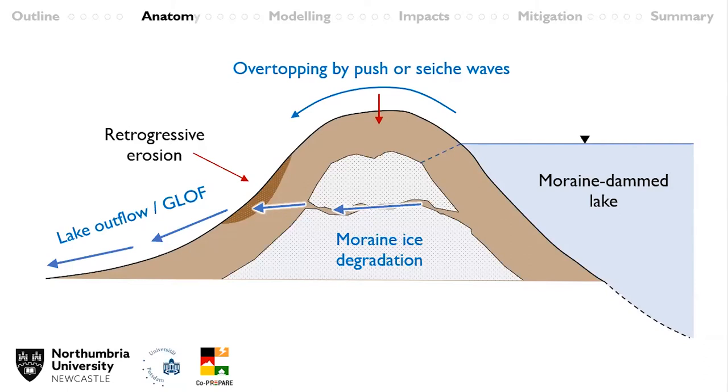And so we had eventual collapse of the overlying moraine and the development of a subaerial or open air breach as well. And so the transition from low flow to high flow is actually really quite rapid and triggered by retrogressive erosion or back wasting of the ice distal face of a moraine dam.